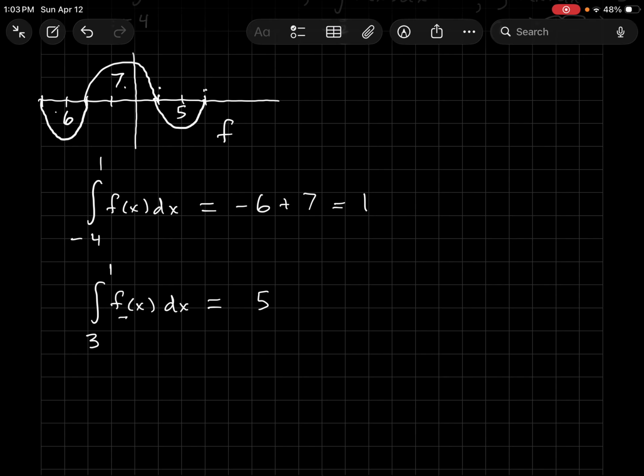Remember that we have two pieces. We have a y and a delta x. All the y's are negative, but we're going backwards from x equals 3 to x equals 1. So your delta x's are also negative.